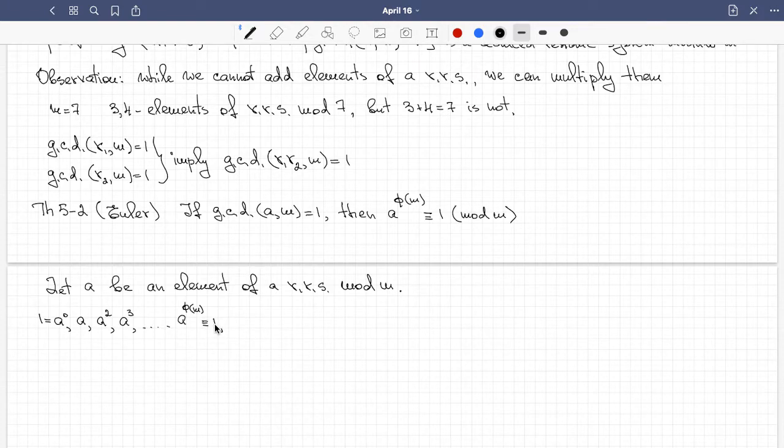Next one is going to be this 1 times A, which is again A, then A squared, and again what we see is that this sequence 1, A, A squared, A cubed, cycles. So at least after a while we get to 1 again and begin the same sequence, the same finite number of elements again.